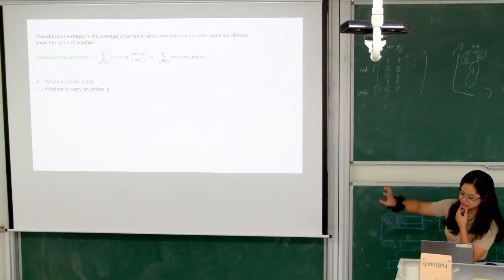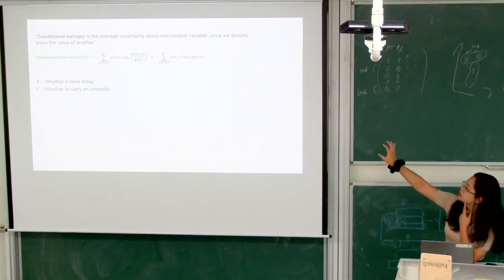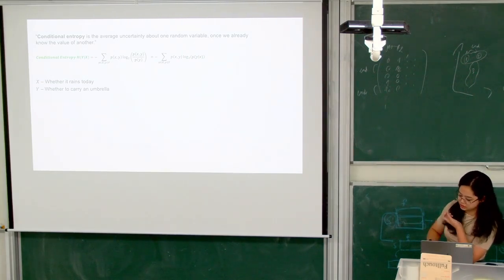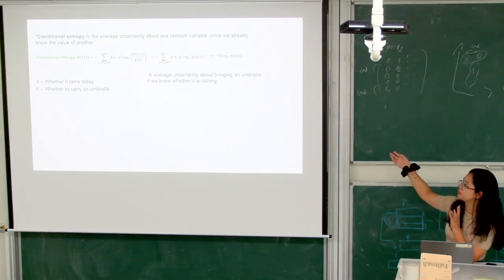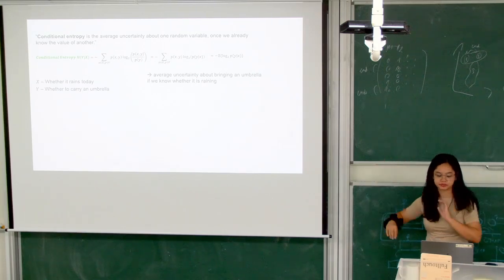And actually, the last expression in this formula is just the probability of Y given X. So we can think of this equation as just the average uncertainty about bringing an umbrella if we know whether it is raining or not.